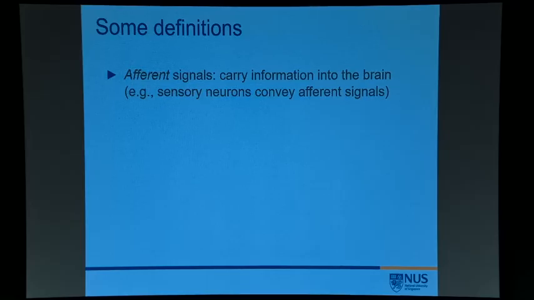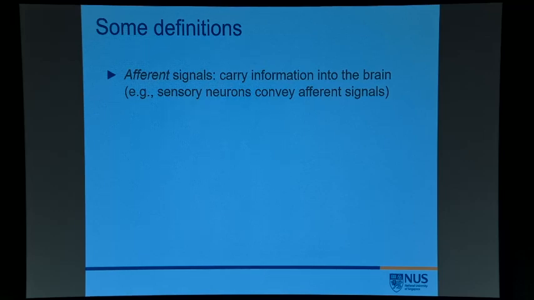Sensory neurons are a key example of neurons that send afferent signals. Their cell body will usually be located somewhere out in the periphery of our body, like in our arm, for instance, but they're carrying information along their axon into our spinal cord, into our brain. So this is an afferent signal.